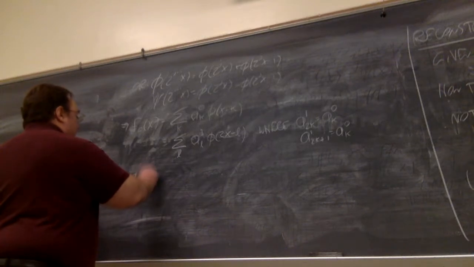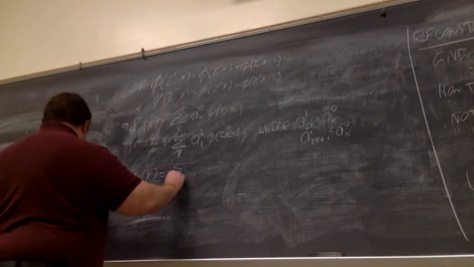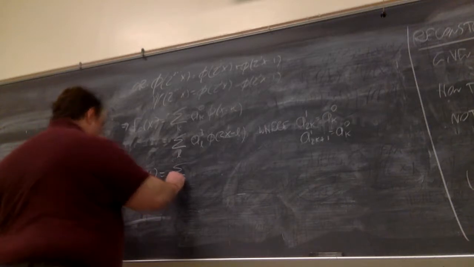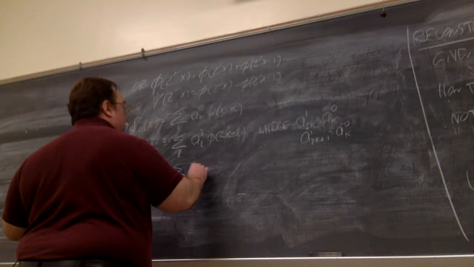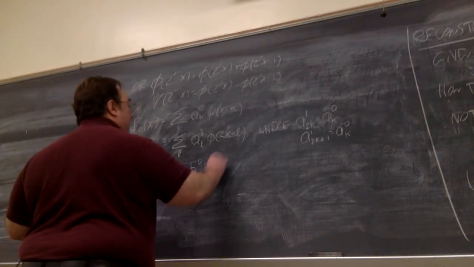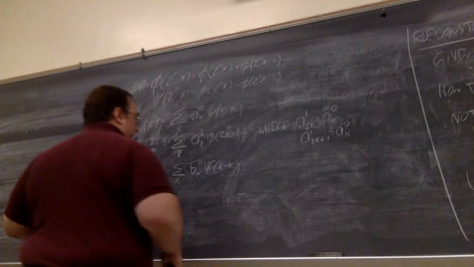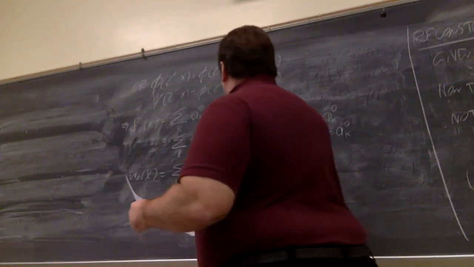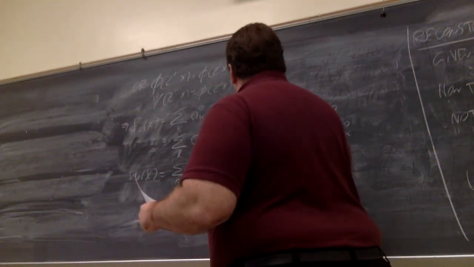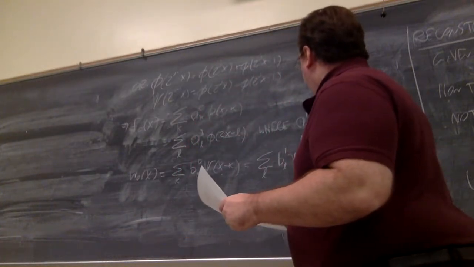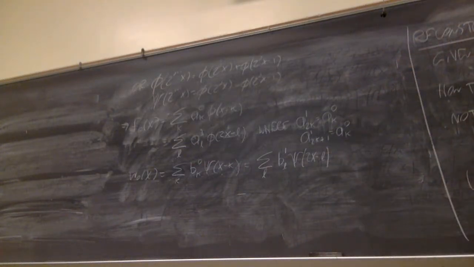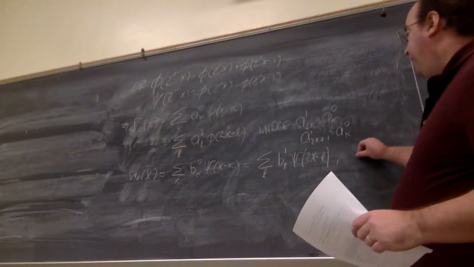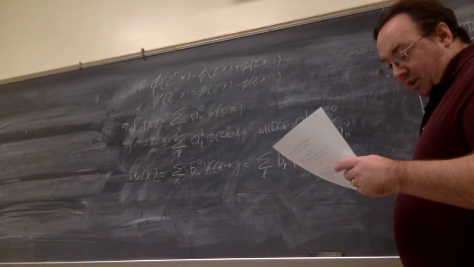So w0, which is originally given as from these coefficients, b k 0 psi of x minus k, is now written as some b L 1 phi of 2x minus L. And to get the coefficients in that case, so again, oh, wait a minute.